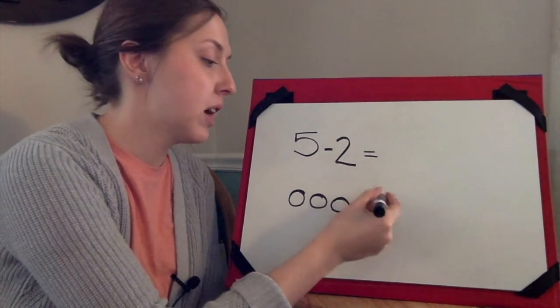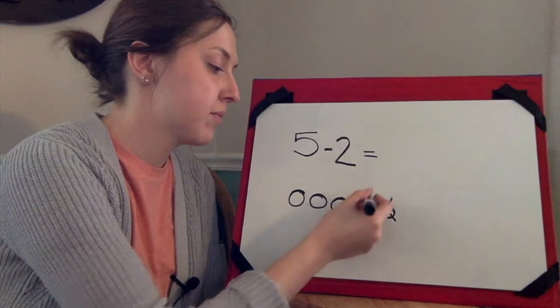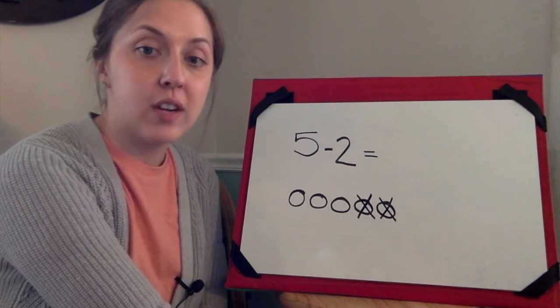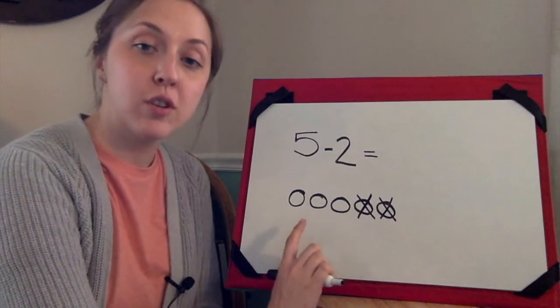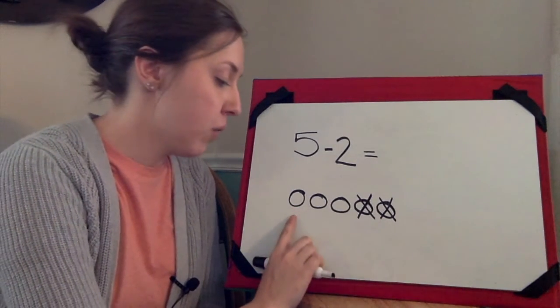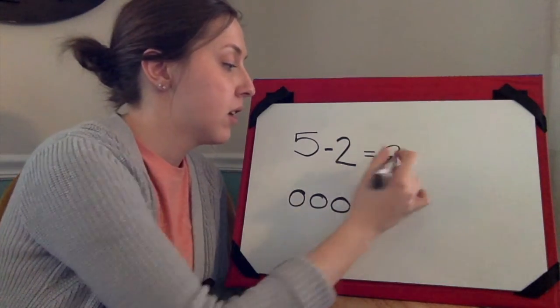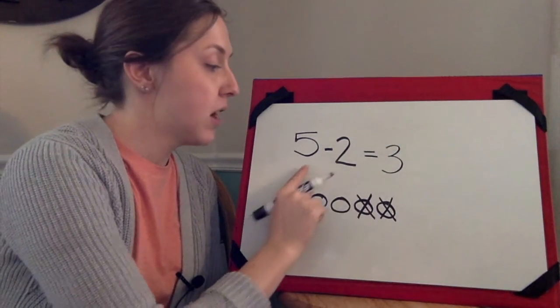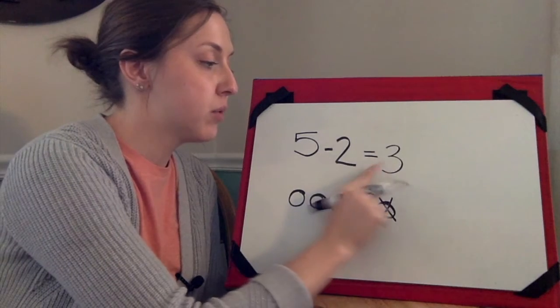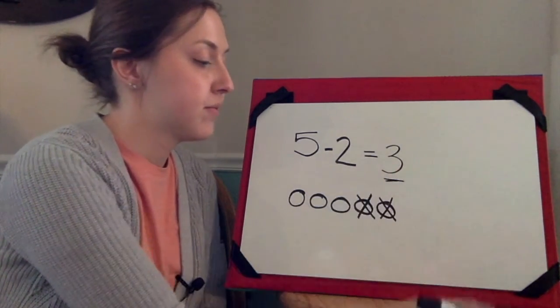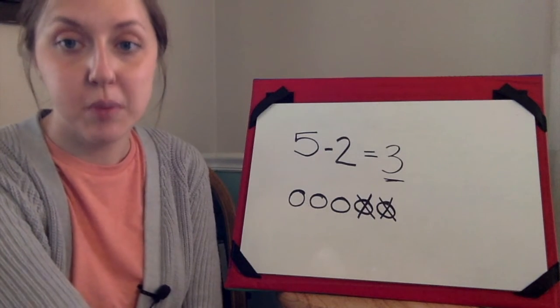So I'm going to mark out 2 ducks. How many ducks do I have left that are in the pond? Let's count the circles without an X. 1, 2, 3. My sentence now says 5 minus 2 equals 3. My answer is 3. There are 3 ducks left in the pond.